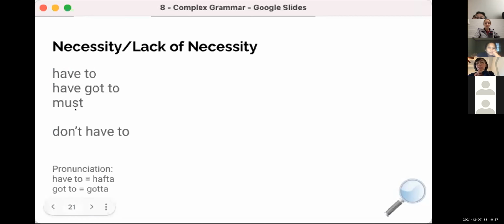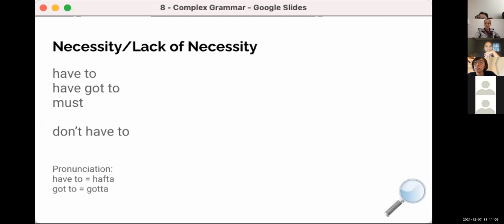Following the law. You must follow the law. You must obey the rules of your community. Have to and have got to are also used to show necessity. We use have to and have got to in a little bit more friendly situation. You have to try Quill's coffee. It's so delicious.